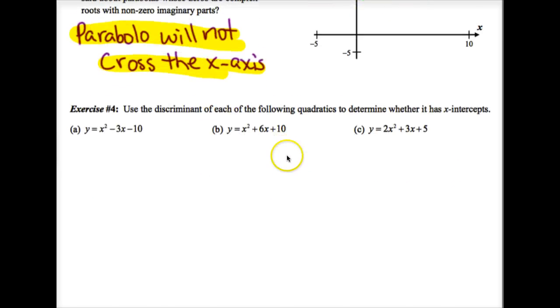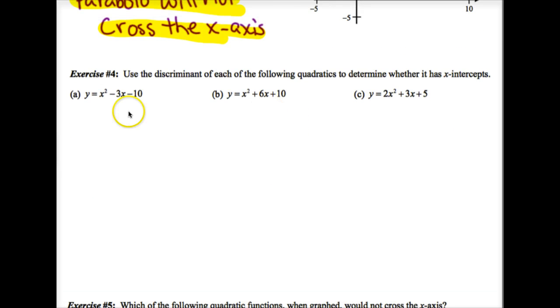Now the second to last thing that we're going to talk about is how can we use a discriminant, remember the discriminant, the part that's under the radical sign, to determine whether it has an x-intercept. So your discriminant is, remember this, discriminant is equal to b squared minus 4ac.